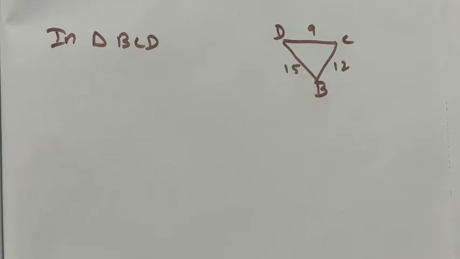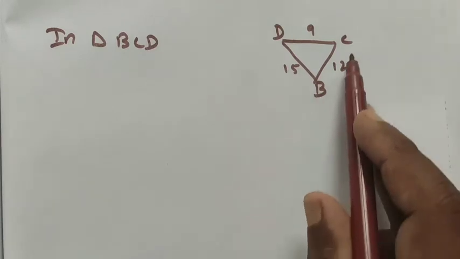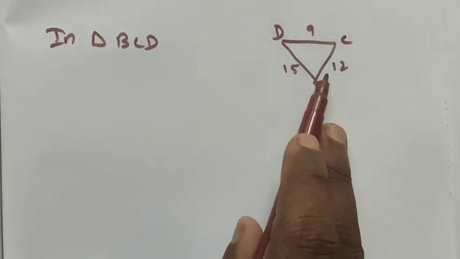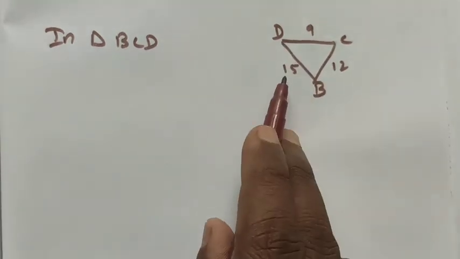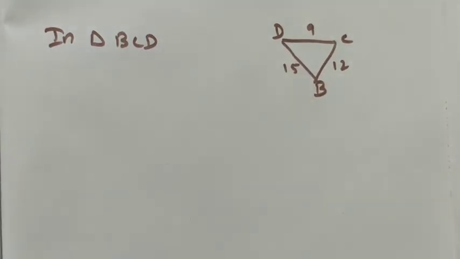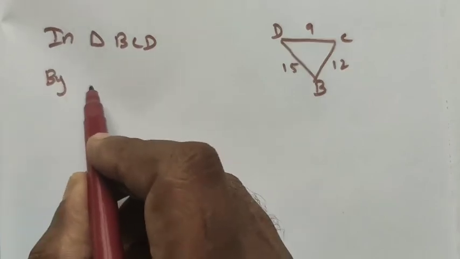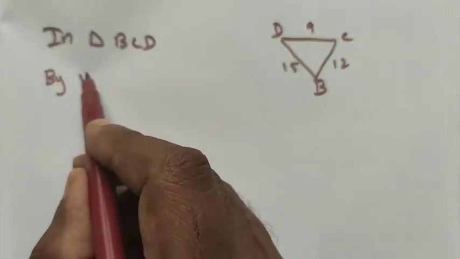Right? Now we want to find out the other triangle BCD. Here I have roughly drawn BCD. So BC is equal to 12, CD is equal to 9 and then BD is equal to 15. By Heron's formula, here also we don't know the height.